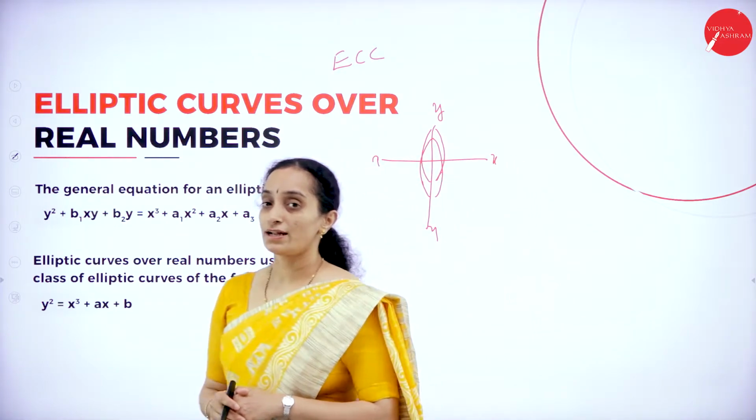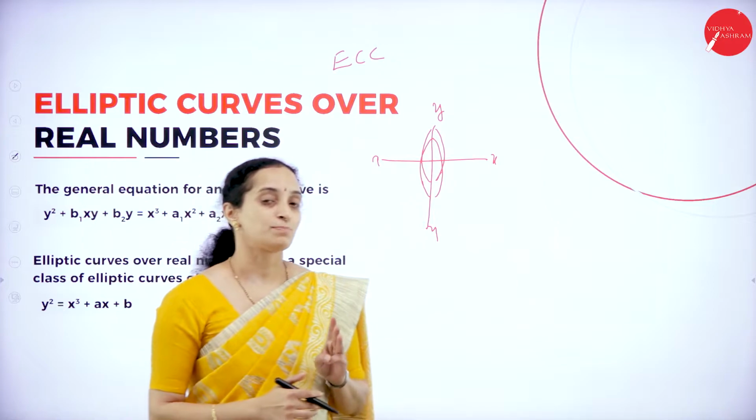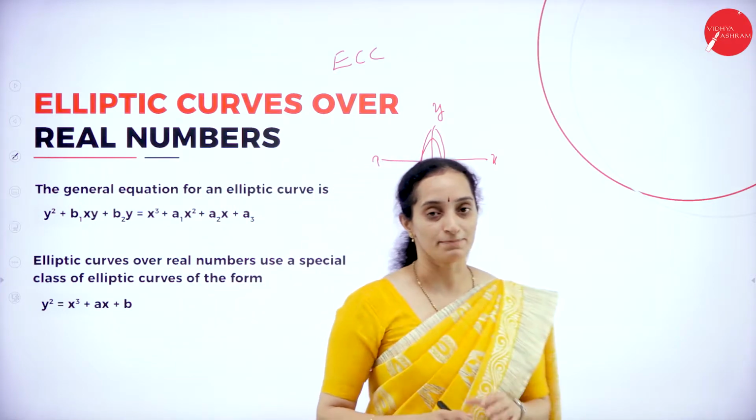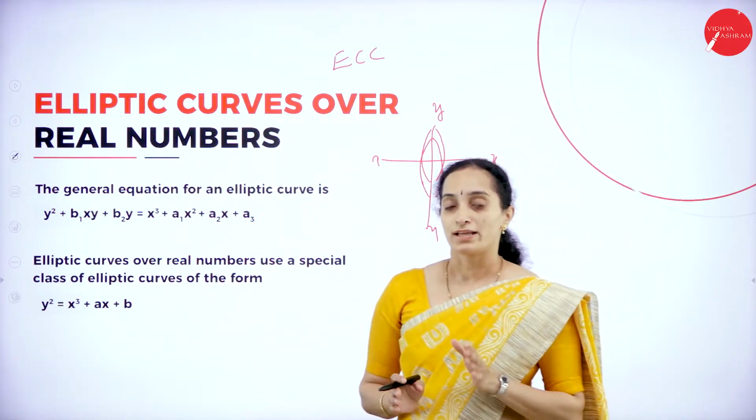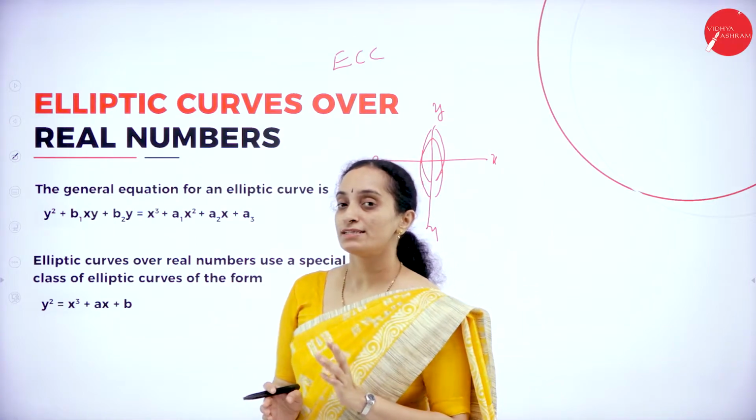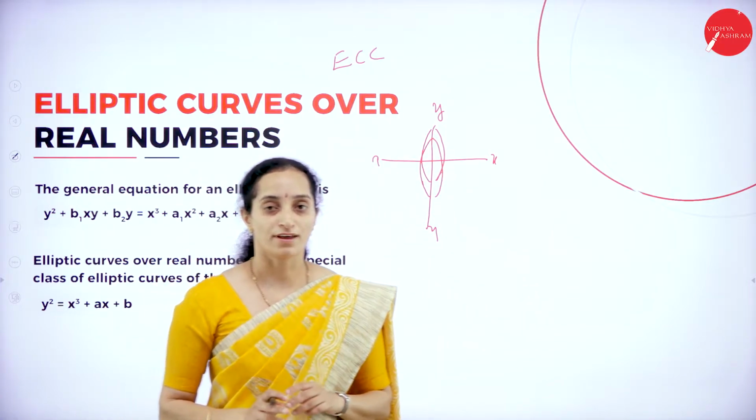There are 3 categories by which you can create an elliptic curve. The elliptic curve crypto system deals with 3 different variables.